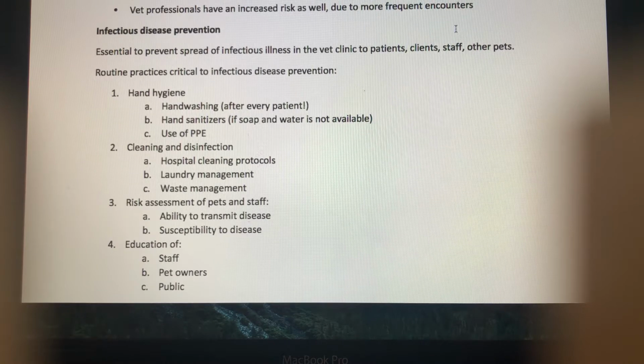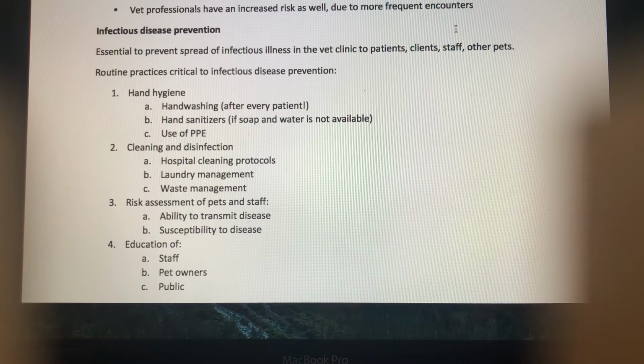And we also need to identify other pets or staff that are susceptible to the disease, and keep those people or animals away from the pet that is infectious. And then, I've said it before, I'll say it again, knowledge is power. We want to make sure that all involved people are educated. So the staff needs to be educated on disease prevention and what illnesses are contagious.